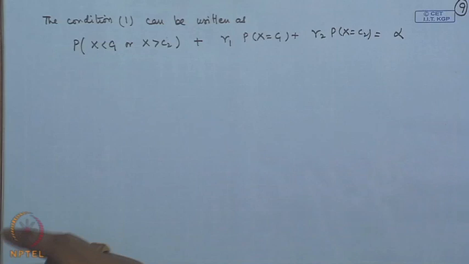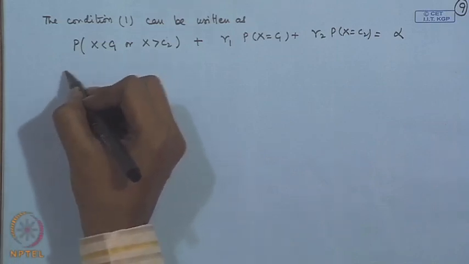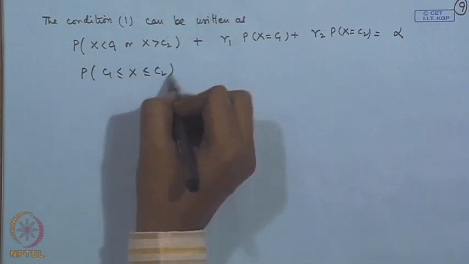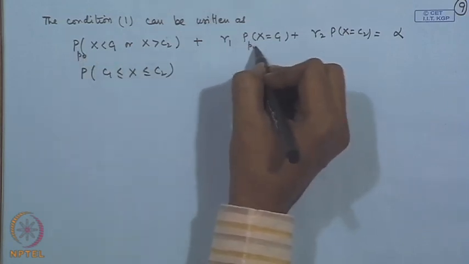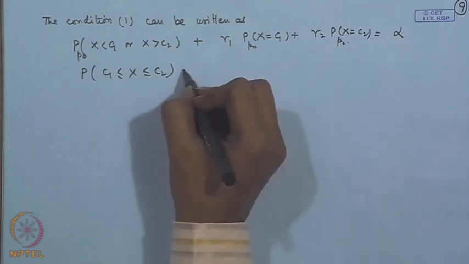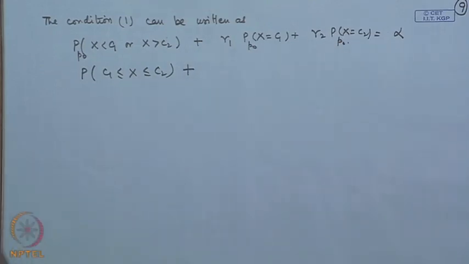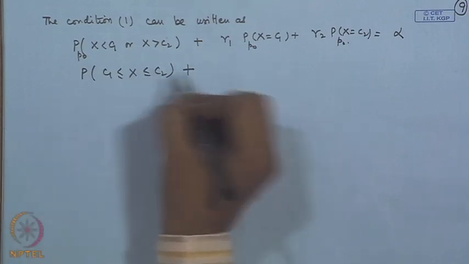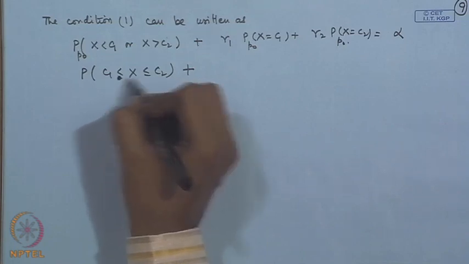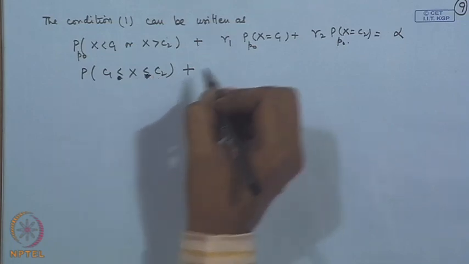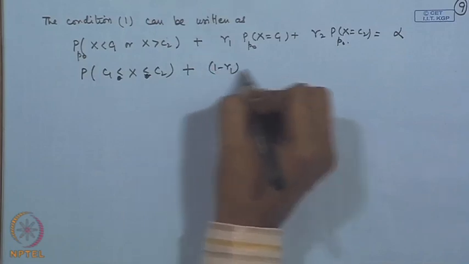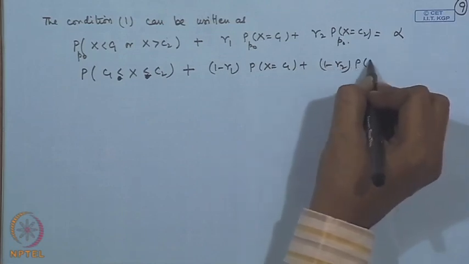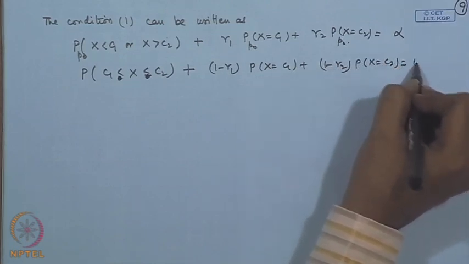I may consider the reverse of this also. I may consider probability of c 1 less than or equal to x less than or equal to c 2 under p naught, of course, here. So, this I am removing from here, and we can put it as 1 minus gamma 1 probability of x is equal to c 1 plus 1 minus gamma 2 probability of x equal to c 2 is equal to 1 minus alpha.